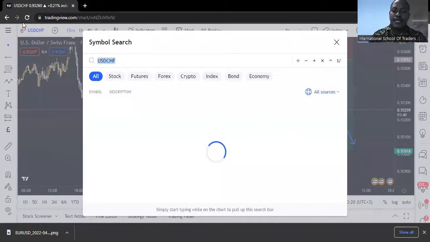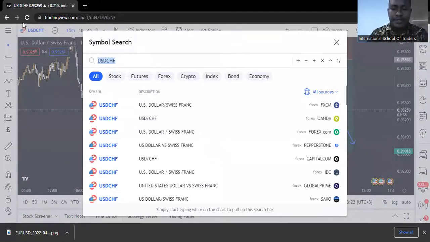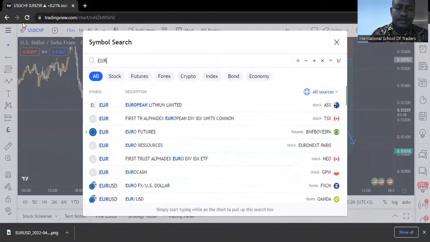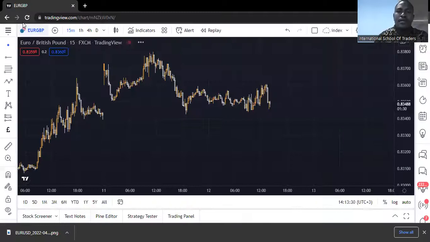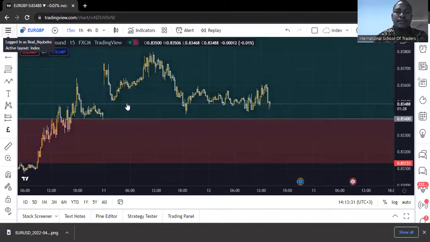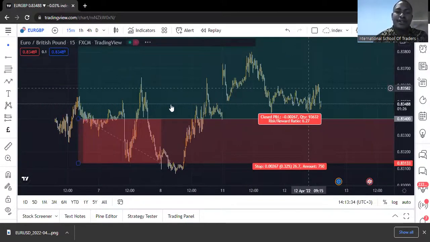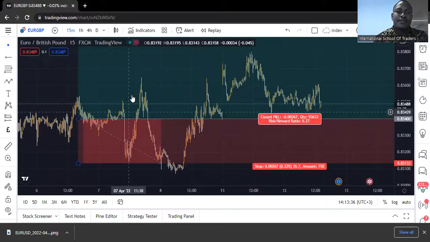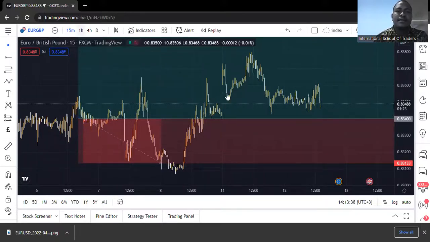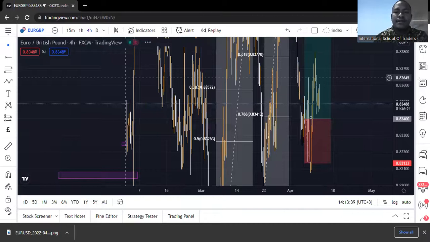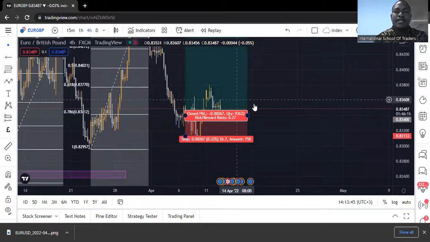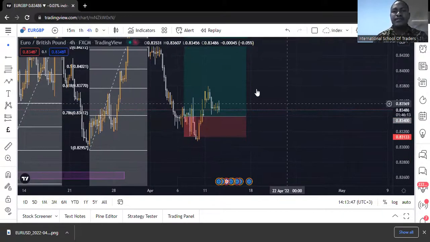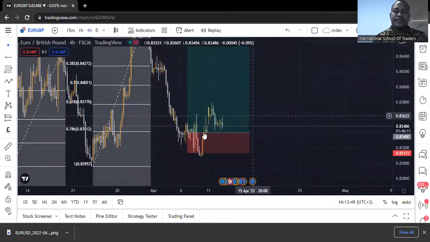Let's look at Euro GBP, right? EUR GBP. Okay. So what I do not like about Euro GBP is that our initial structure here, market went all the way down and took us out and then started going high, which is now on the positive side, right?